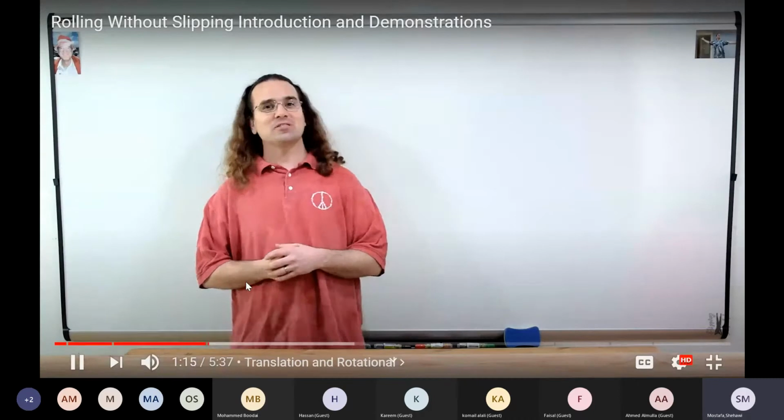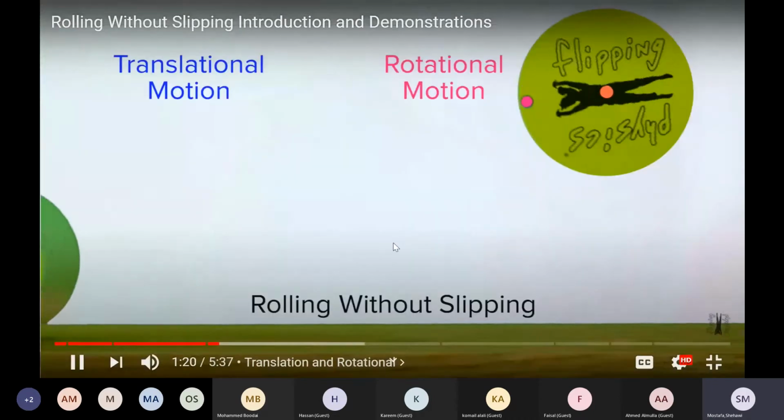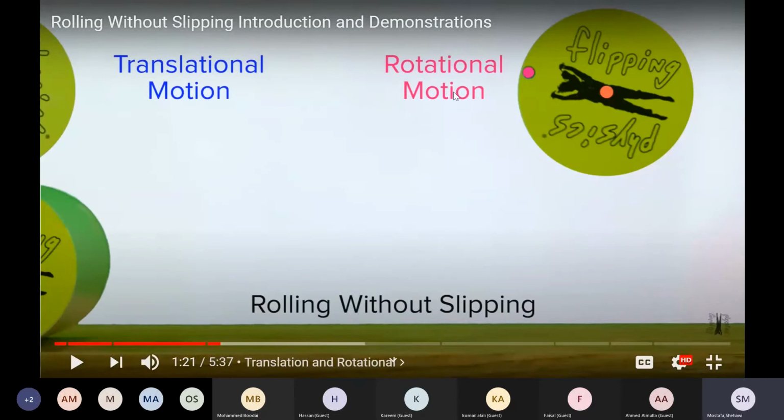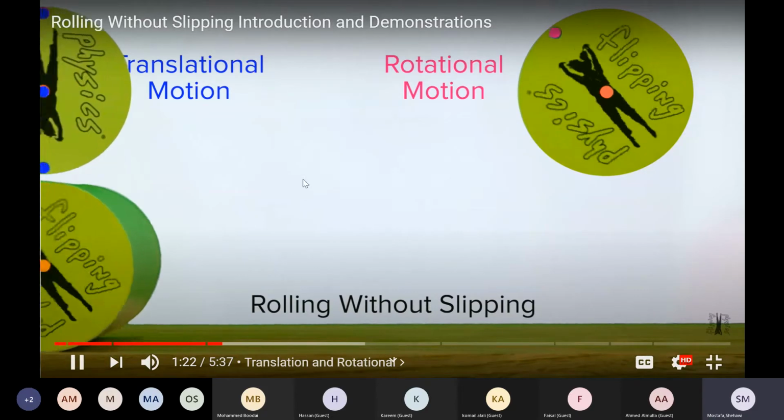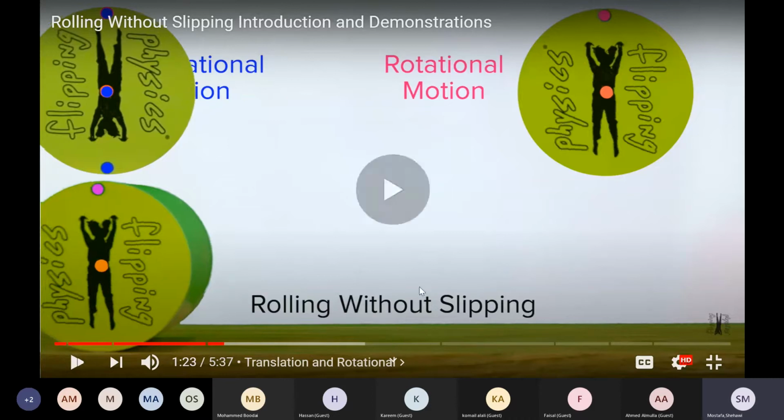Rolling without slipping is actually a combination of two types of motion. It combines pure translational motion and pure rotational motion. Rotational, because it's rolling, it rotates around the axis of rotation, and translational motion, it moves in a straight line in one direction. They are combined together in rolling.